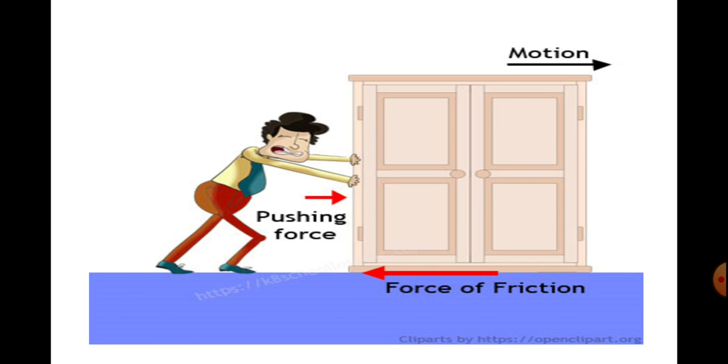In fact, the friction acts on both the surfaces in contact with each other. The friction is a force which occurs when two objects tend to slide over each other, and even when they are actually sliding or moving over each other.